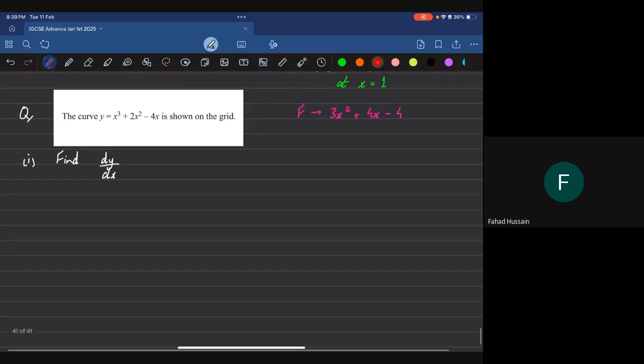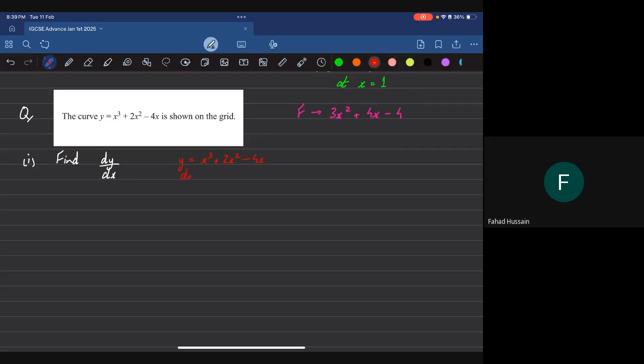All right, guys. You were really quick to get this. This is actually really good. So it's going to be y is equal to x cubed plus 2x squared minus 4x.